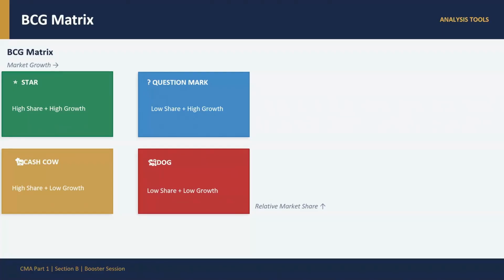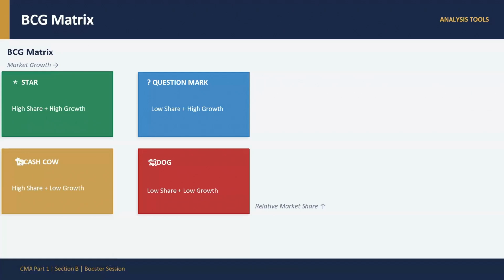Suppose let us take a startup. Every business starts as a startup itself. As a startup, they will enter the BCG matrix through question mark. Why question mark? They don't know whether their startup will perform well in the market or not. That's why they enter as a question mark. In the question mark, they have a low market share.